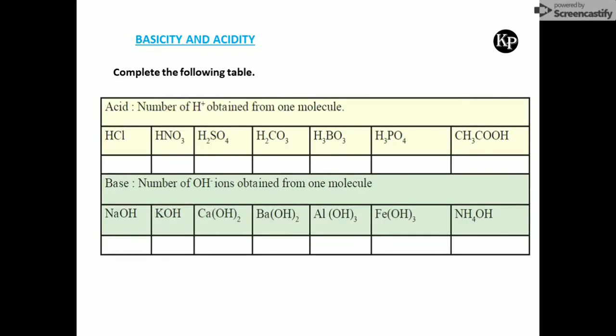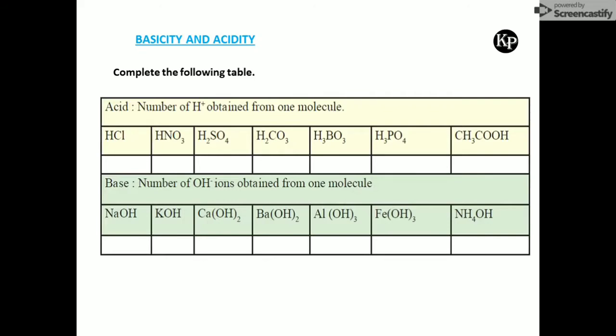Basicity and acidity of acids and bases. Friends, complete the following table. In this table, we have to identify the number of H plus ions and the number of OH minus ions in each molecule. In the first row, the acids are there, so the number of H plus obtained from one molecule of HCl is only one H plus.